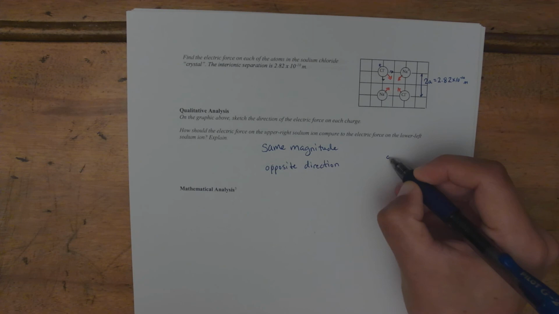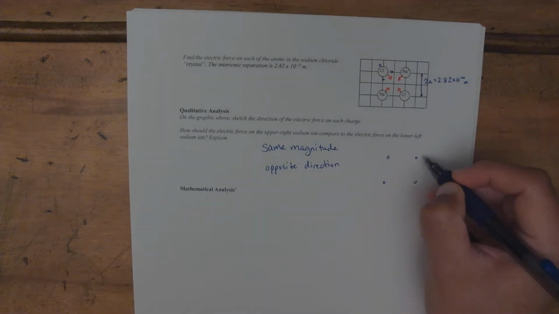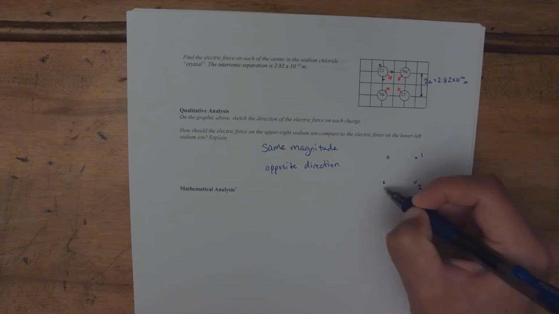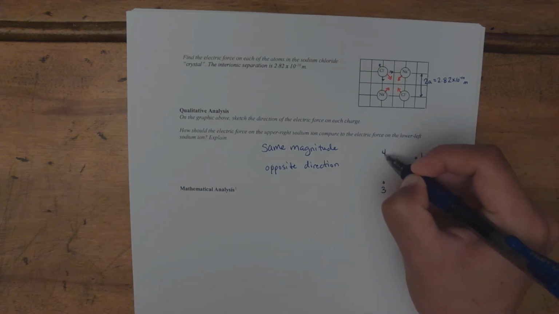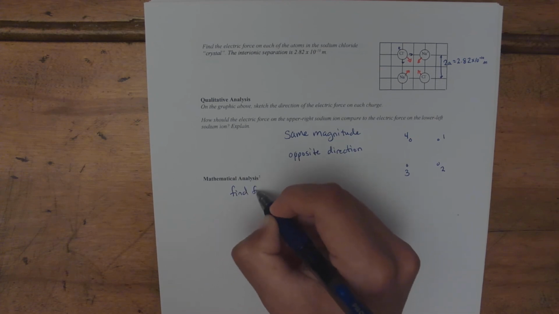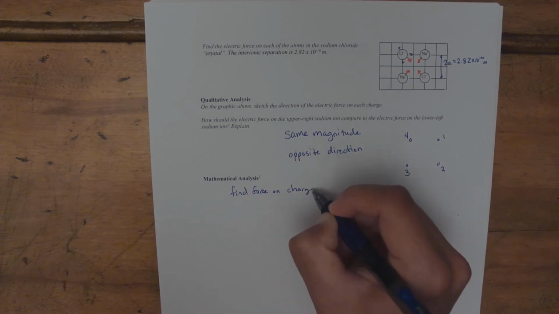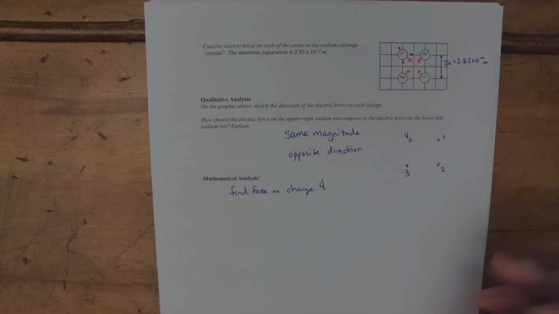So I'm going to call this charge 1, this charge 2, this charge 3, and this will be charge 4, and I'm going to find the force on charge 4.